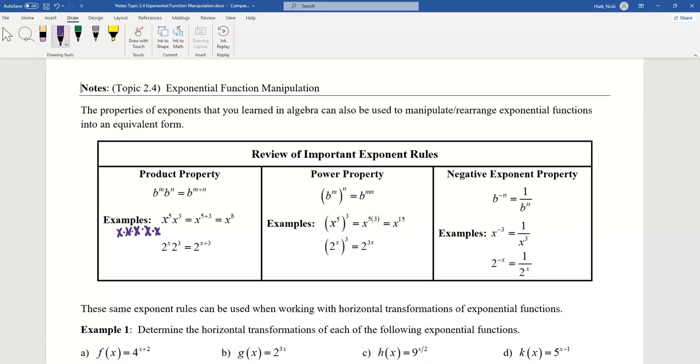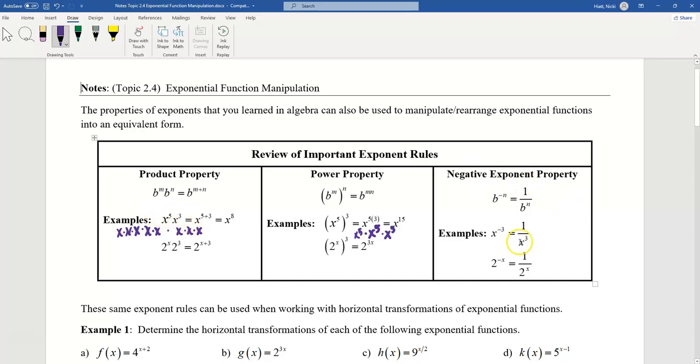There's 5 x's times x times x times x, right? There's 8 altogether. So if you're doing x to the fifth 3 times, that's x to the fifth times x to the fifth times x to the fifth. And so you would add those 3 together, 5 plus 5 plus 5, you would get 15 in that case. So powers to powers, you multiply. This you're going to add.